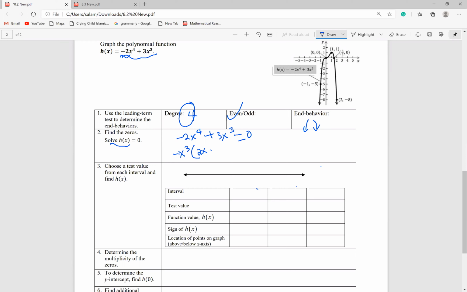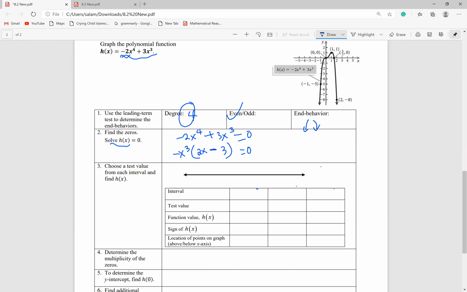Then I'll be left with negative 3, such that when I multiply negative x cubed and negative 3, I get plus 3x cubed. So we're left with negative 3, and this equals 0.